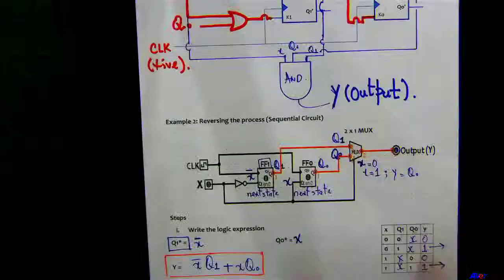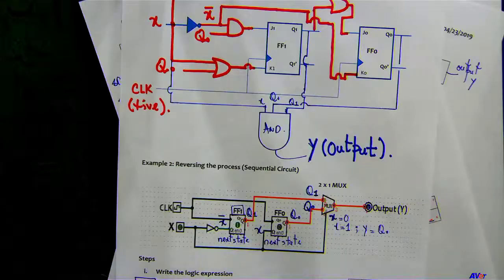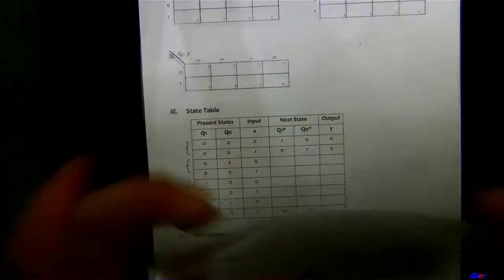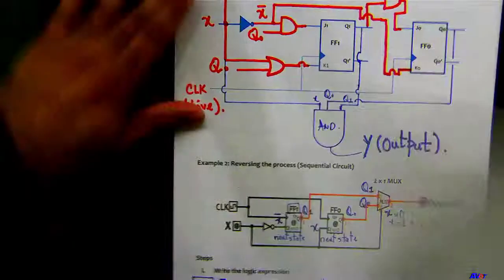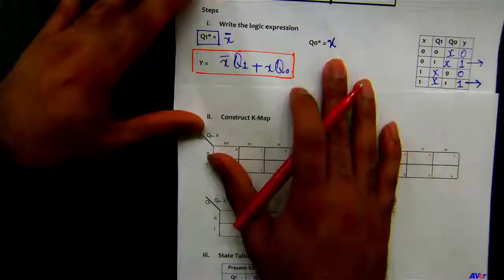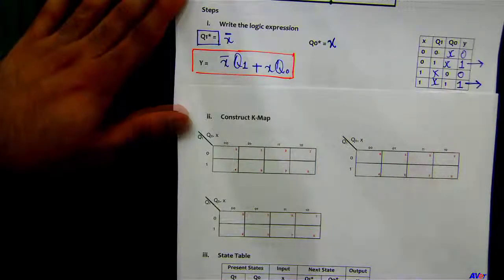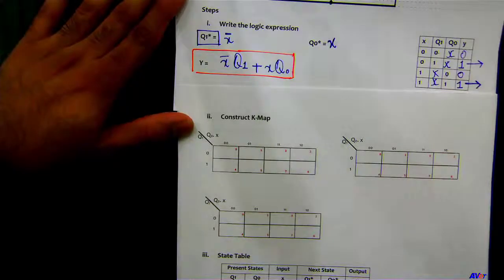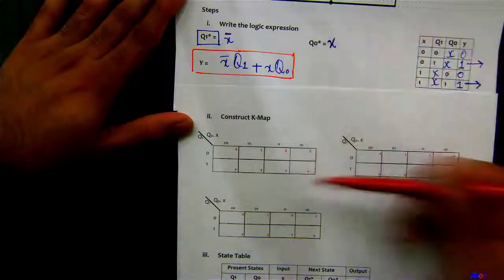Okay, we're gonna move on to our next sheet. We're gonna go on to constructing our K map. Again, different ways you can do this. You can jump from logic expression to state table also, or you can go from logic expression to K map.